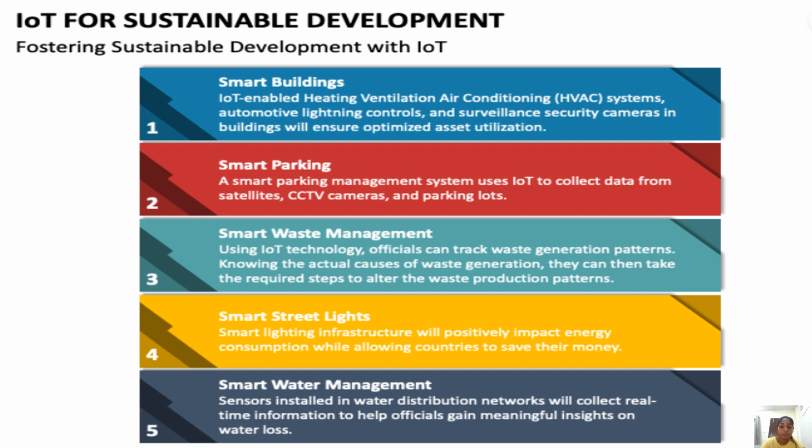Then we have IoT for sustainable development, fostering sustainable development with IoT. The very first comes to smart buildings. For smart building energy efficiency, IoT sensors monitor occupancy and environmental conditions to automatically adjust HVAC systems and lighting.